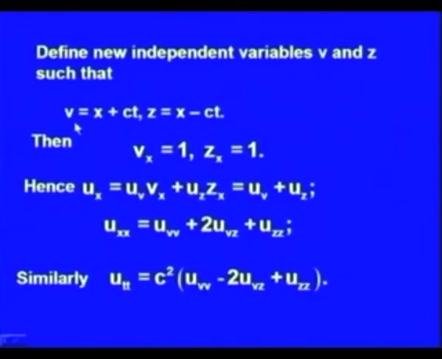And v t, that is delta v over delta t, comes out to be c, delta z over delta t comes out to be minus c. So, we can follow the same procedure as we have done for finding u x x. If we follow the same procedure for u t t, it comes out to be this.